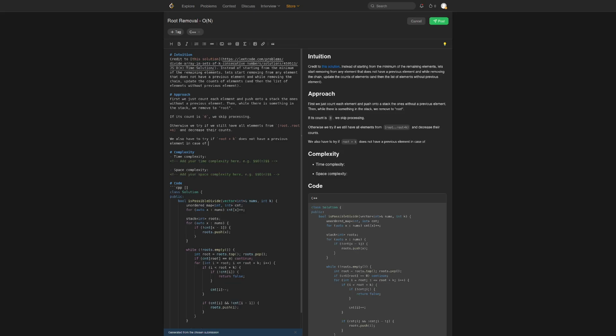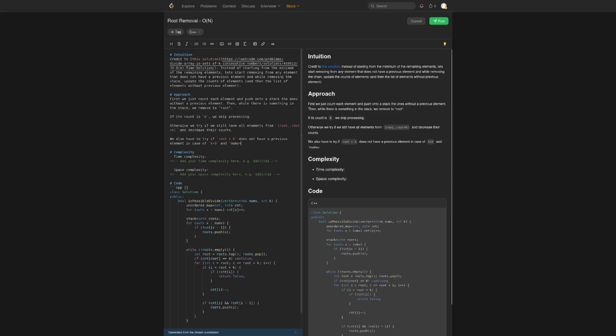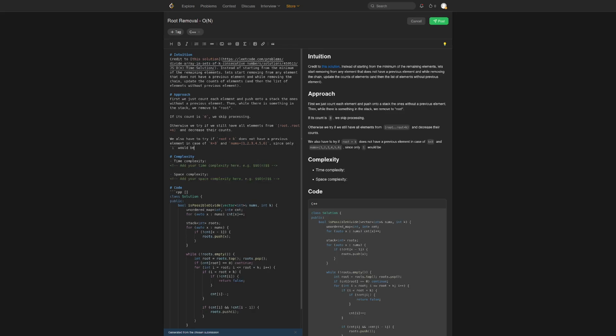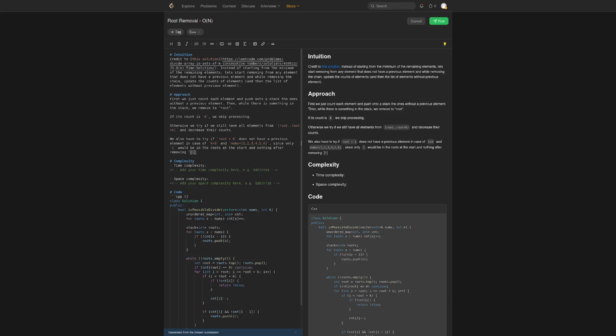In the case of k equals 3 and nums equal to 1, 2, 3, 4, 5, 6, 4 would be in the roots at the start, and nothing after removing 1, 2, 3 without the root plus k check.